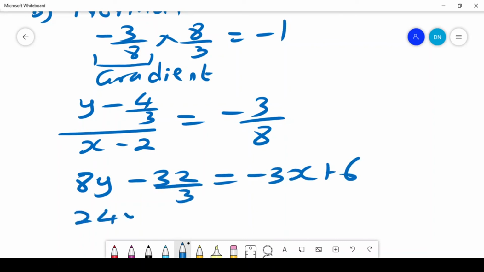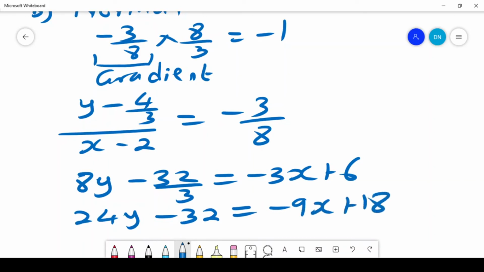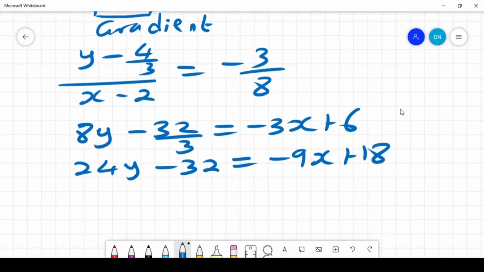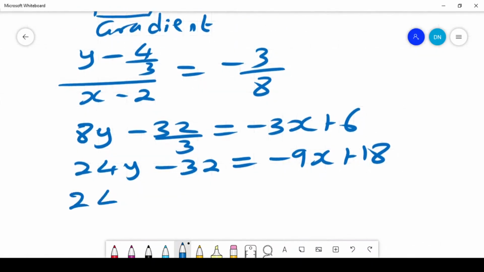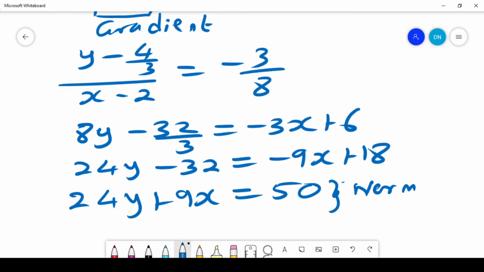So 24y minus 32 is equal to negative 9x plus 18. And so that forms the other equation, which is the normal equation: 24y plus 9x is equal to 50. The normal equation that we get.